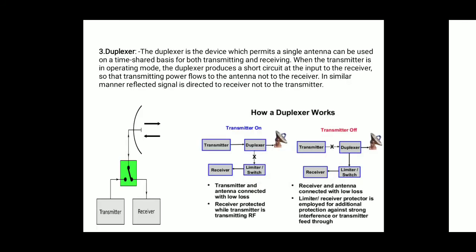Next part is the duplexer. We already discussed the duplexer. Basically the duplexer is a microwave switching network. First, you see in this diagram how a duplexer works. This is the antenna, this is the duplexer switch, and this is the transmitter and receiver.